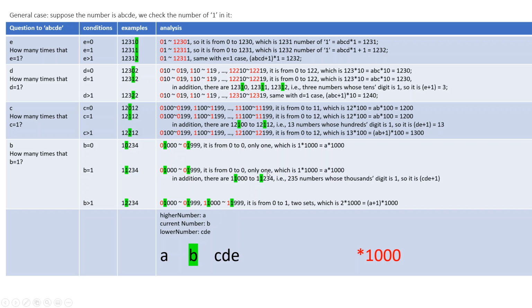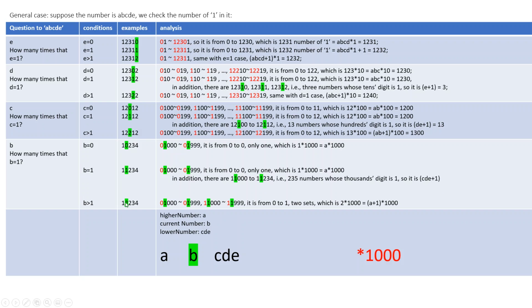So this actually depends on the CDE now, on the number lower than this current thousand position digit. It's 234. Sorry for my poor pronunciation of numbers. So it's actually 235. It's CDE plus 1, right?